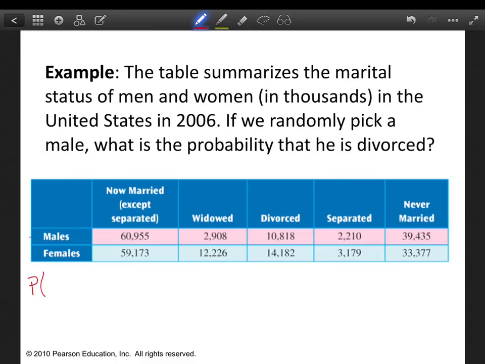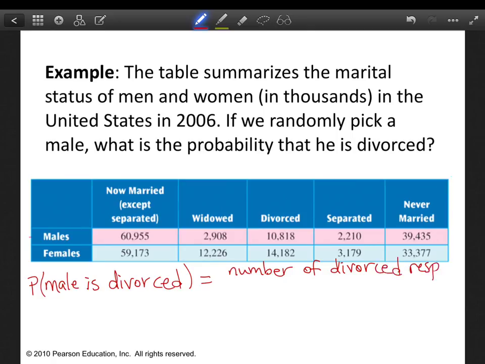Well, the probability that a male is divorced will be the number of divorced male responses divided by the total number of male responses to this survey.